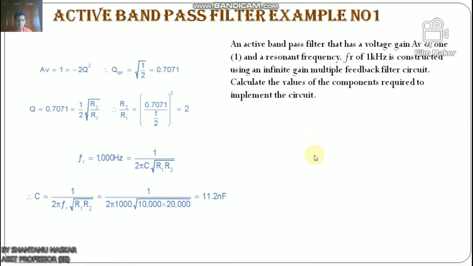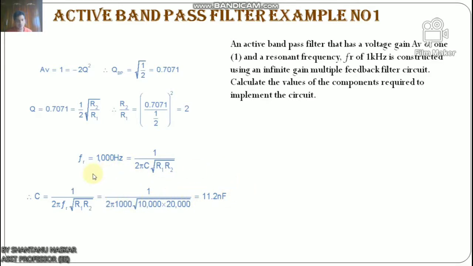Then resistor R1 equals 10 kilo ohms and R2 equals 20 kilo ohms. The center or resonant frequency is given as 1 kilohertz. Using the new resistor values obtained, we can determine the value of the capacitor required, assuming C equals C1 equals C2.